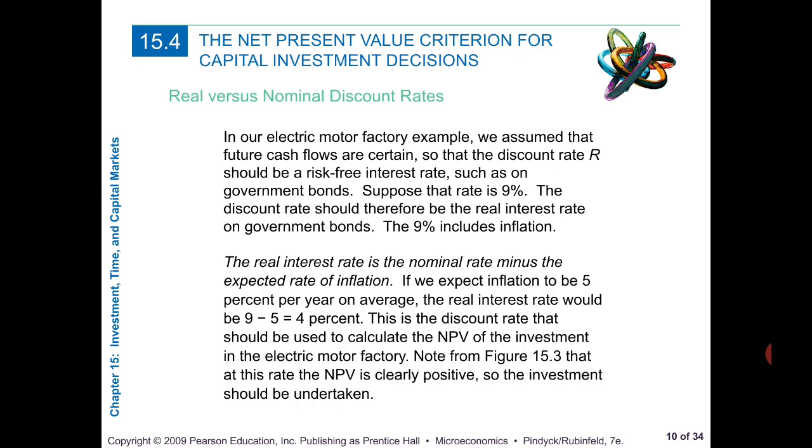Therefore, the discount rate should always be referring to the real version of the discount rate, the real in terms of nominal. So real interest rate, as you already know, is the nominal rate minus expected rate of inflation. So there you get the real interest rate.